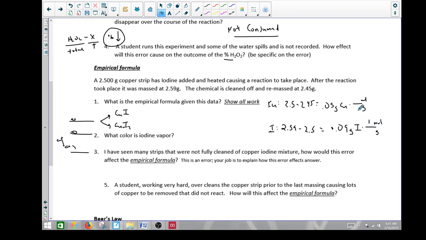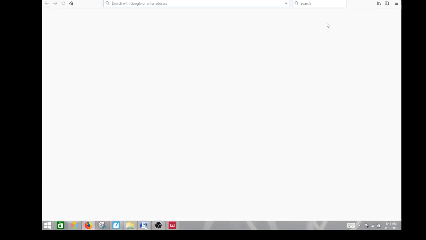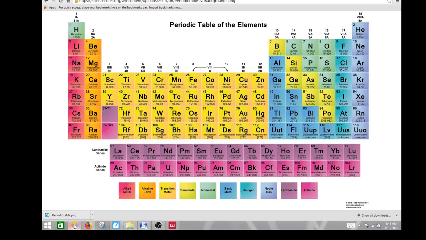One mole of copper is 63, but let's just check what iodine is. The iodine is 126.9 and the copper is 63.5.